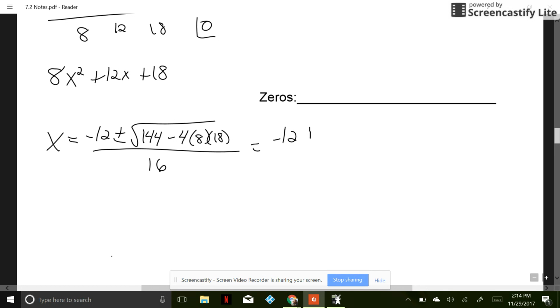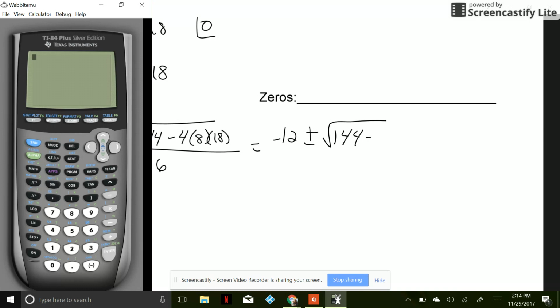So we'll get negative 12 plus or minus square root of 144 minus, let's see, 4 times 8 is 32, 32 and 18, I don't know, let's check it out. 32 times 18, 576. Let's go ahead and do our subtraction while we're here. 144 minus 576, negative 432.